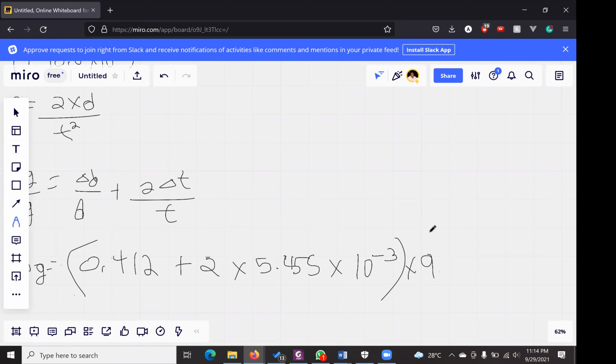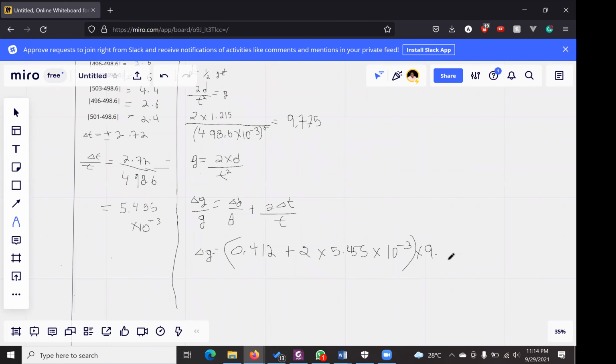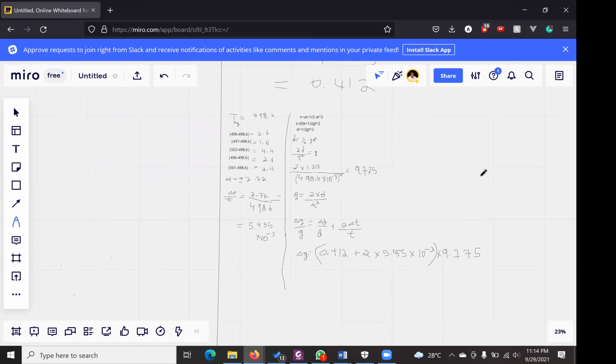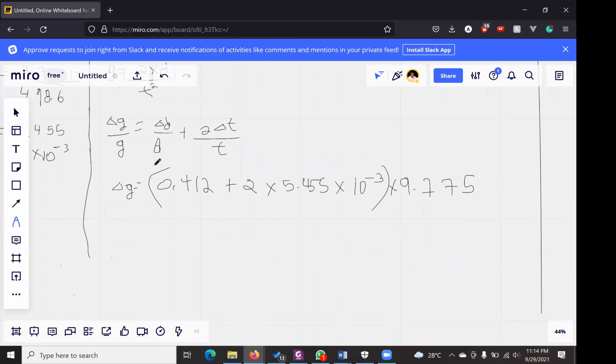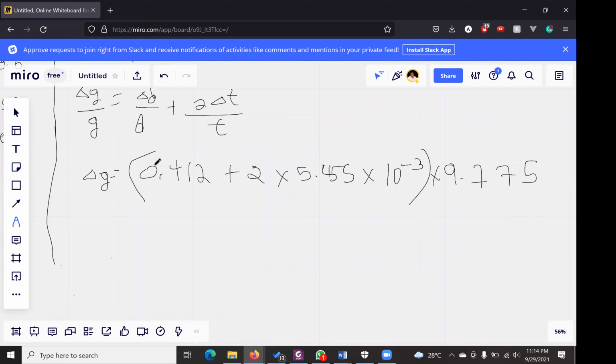Try this again. 0.004. So this is the formula for delta G: 0.412 plus 2 times 5.455 times 10 to the negative 3, and everything times the gravity, 9.775.